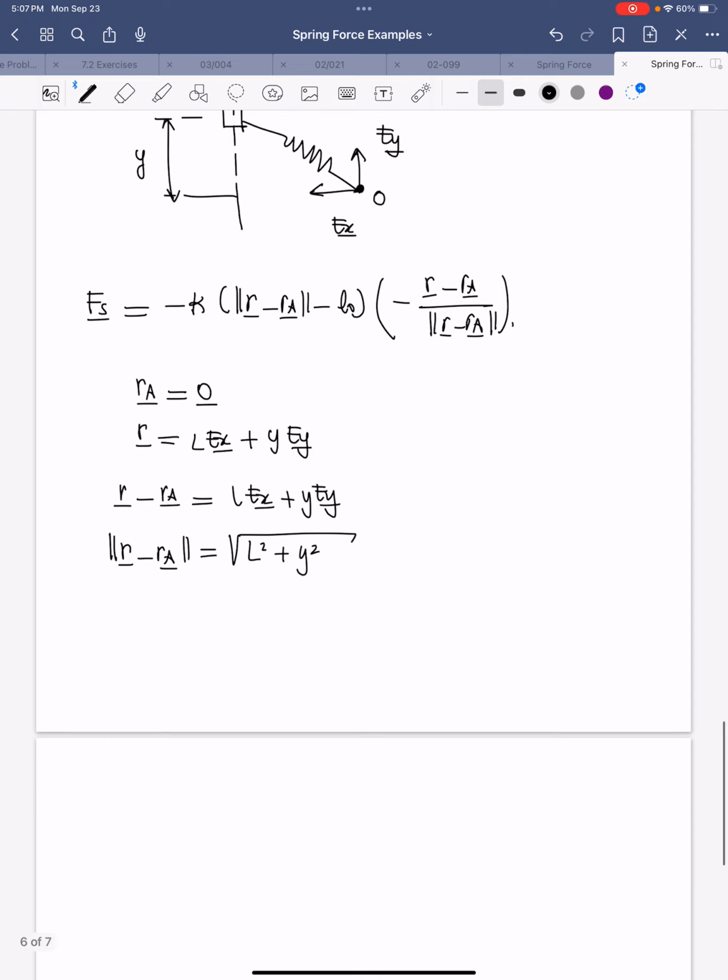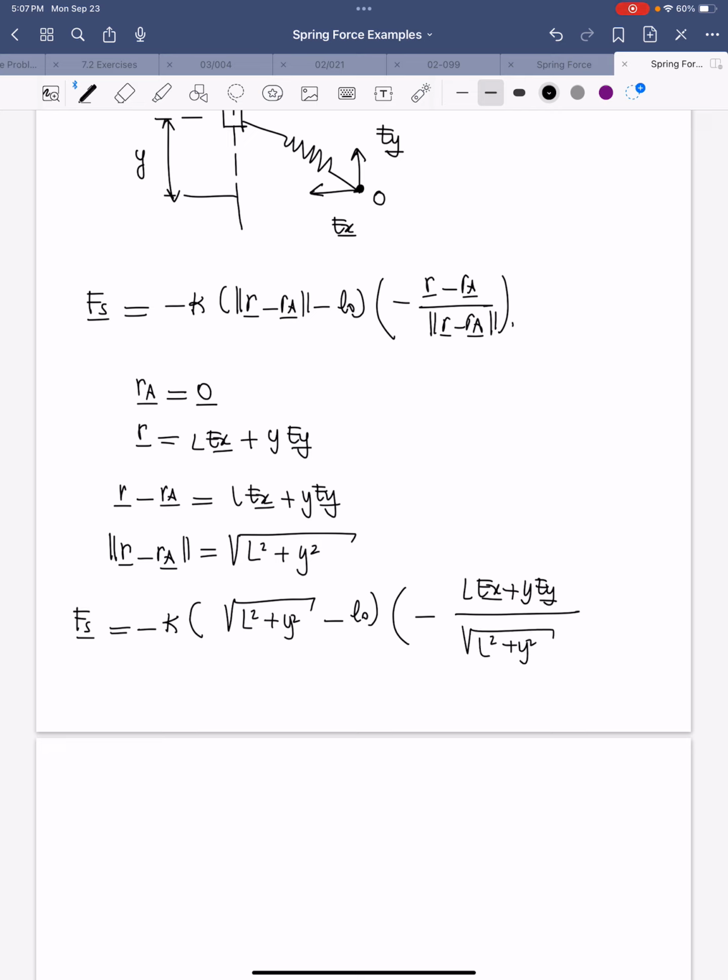So I can write that the spring force is just minus k, the square root of L squared plus y squared minus L_0, times L E_x plus y E_y over the square root of L squared plus y squared. And that's it for this force.